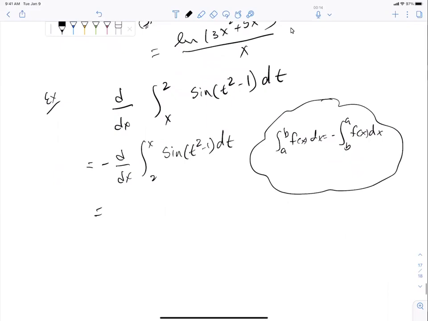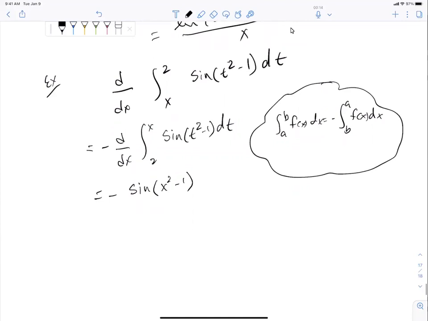Now the integral and derivative cancel out, and I just plug in x where there is t. That's how we handle something like this.